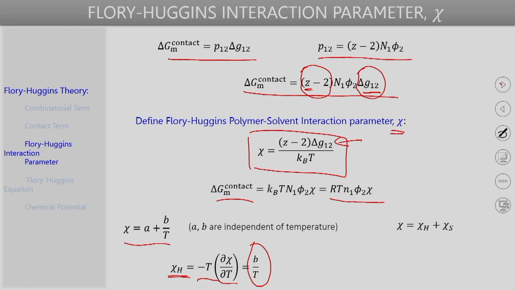Similarly, the entropic term will be given by the partial derivative of T times chi with respect to temperature, and that will simply be the parameter A from this expression. So, we see that the entropic term does not come out to be temperature dependent; it is the enthalpic term that is temperature dependent.